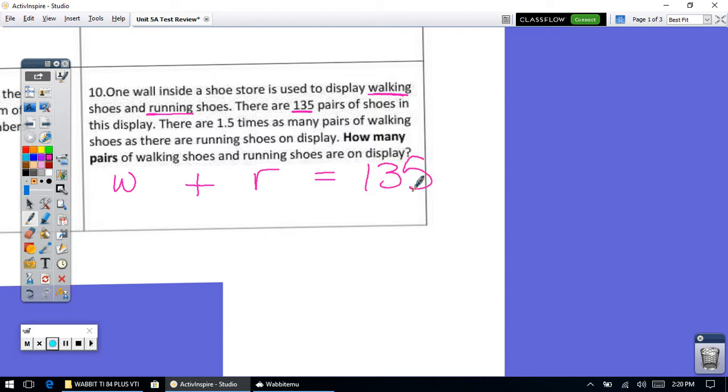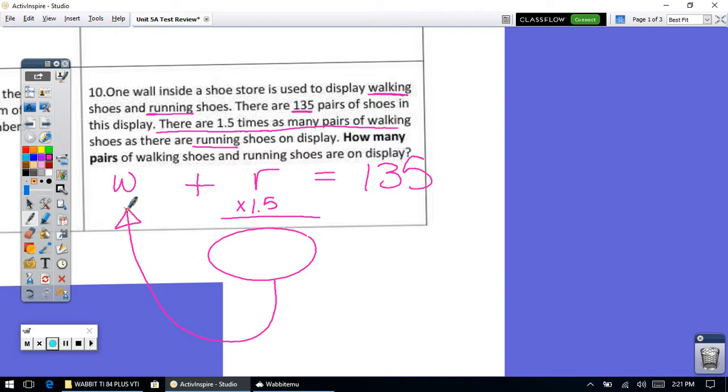The second part of this says there are 1.5 times as many pairs of walking shoes as there are running shoes. So that means the walking shoes is actually more than the running shoes. So whatever number we get for running shoes, we're going to multiply it times 1.5. That will equal the number of walking shoes we have.